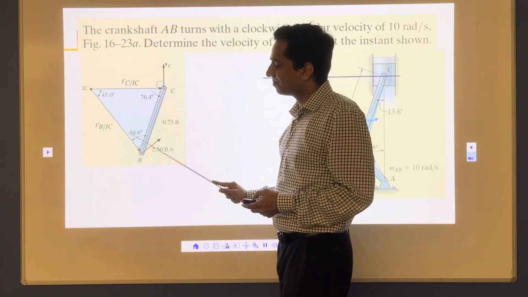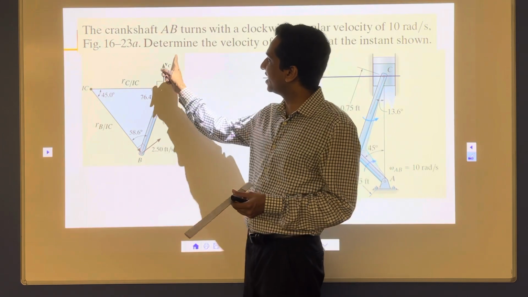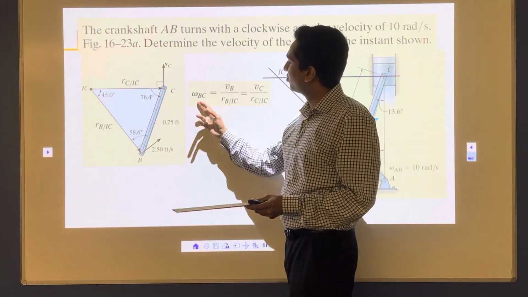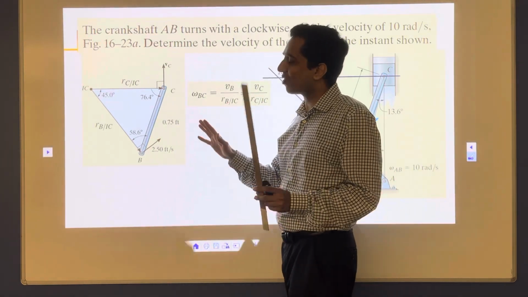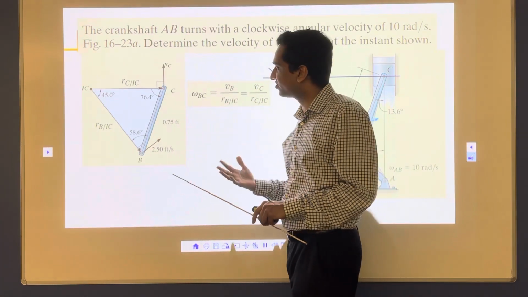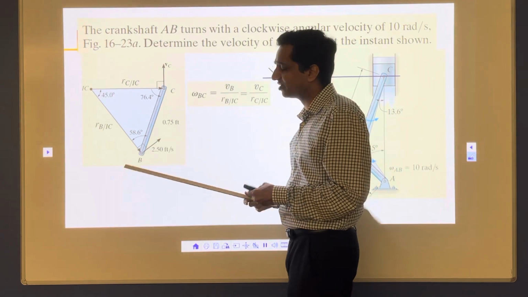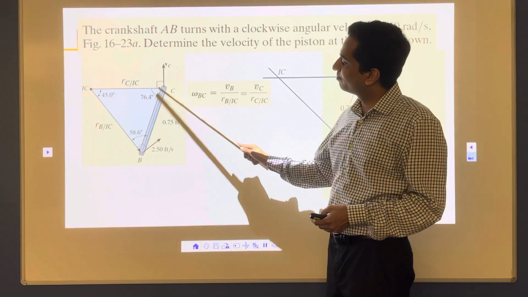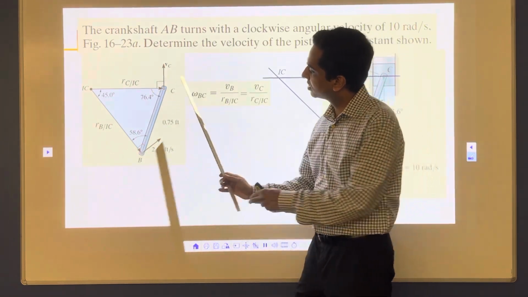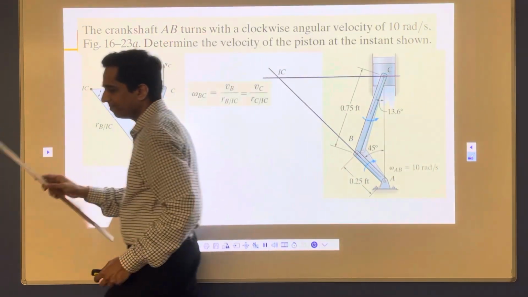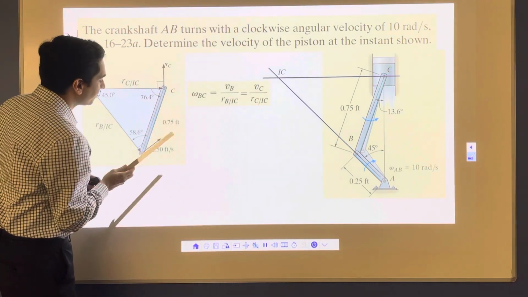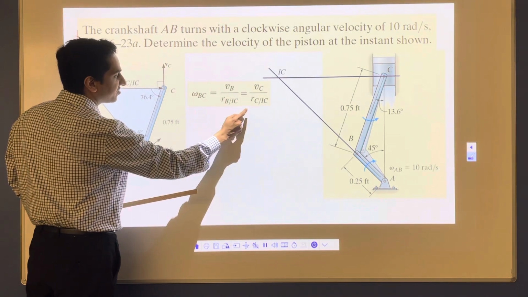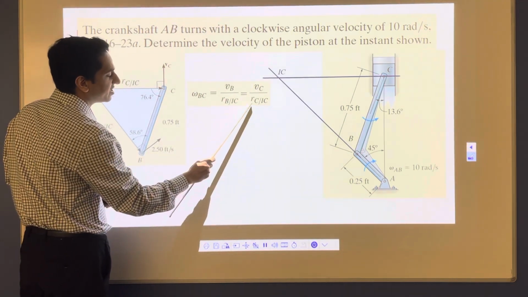Once I have that, my objective is to calculate VC. To calculate VC, we are going to use this equation. Remember, the reason we use this method of instantaneous center of zero velocity is because of this equation: the angular velocity of BC, omega BC, is equal to VB divided by RB/IC, which is equal to VC divided by RC/IC.